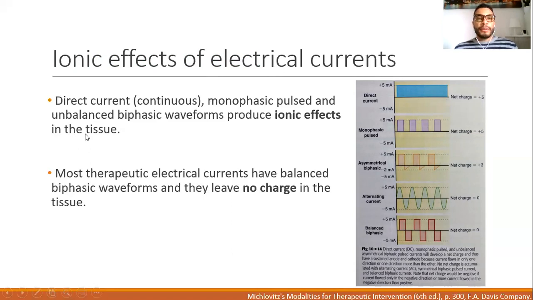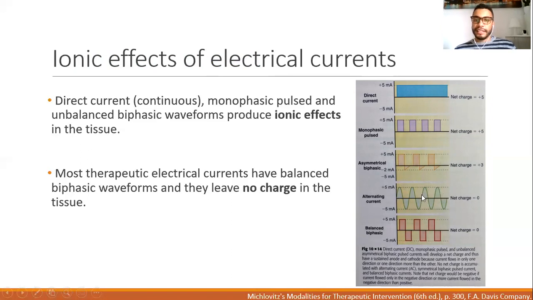But the predominant electrical currents that we use in physiotherapy have balanced biphasic waveforms. Therefore, they do not leave any charge in the tissue. So, for example, we have the alternating current or the balanced biphasic current.